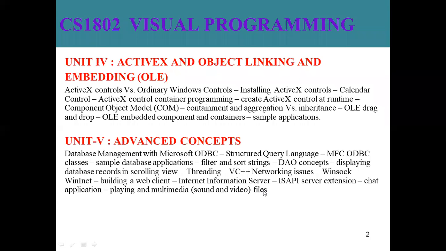Hope the entire course structure that we are going to discuss is clear. The course is divided into 5 modules. Basically, we will deal with 4 modules, and if time permits, we will go for the 5th module.